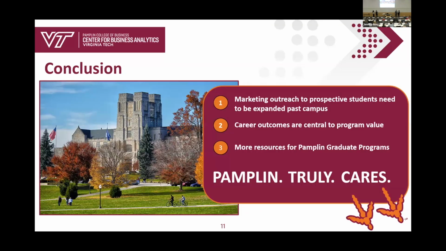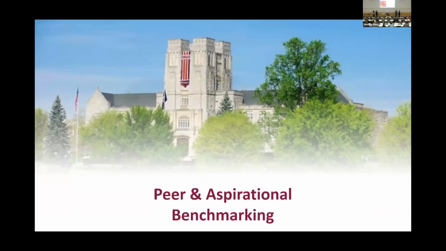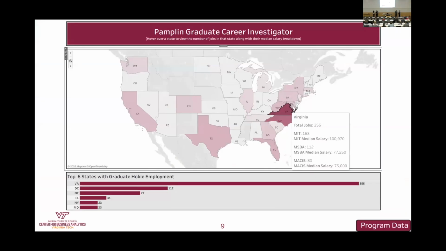So if you guys don't mind, if I go back to our dashboard, we actually have a rising interest in big tech hubs such as Texas, California, Washington State, and we can definitely look at opportunities with corporations within that, as we have big sponsorships within our MSBA program, such as Leidos and even all their consulting firms. We definitely see interest that we can grab from these big tech hubs.